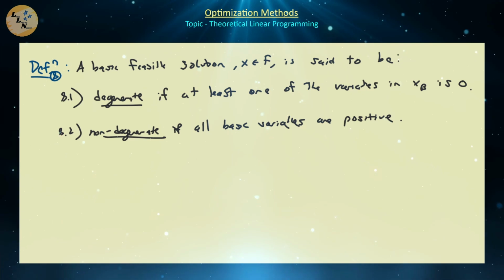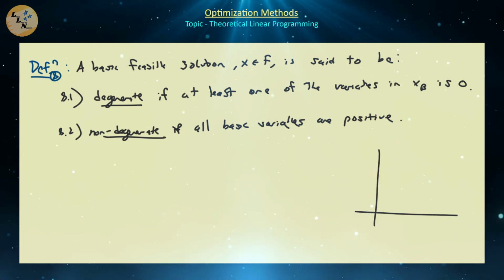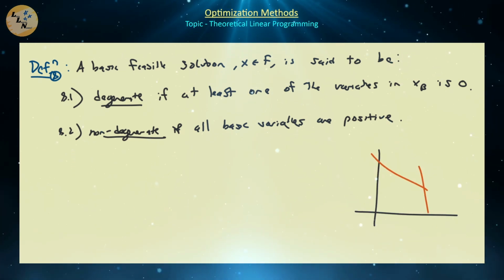We say that a basic feasible solution is degenerate if at least one of the variables in x_B is equal to 0. If we think about that from our geometrical perspective, we know already that that is a basic feasible solution, and so are those other 3 points.